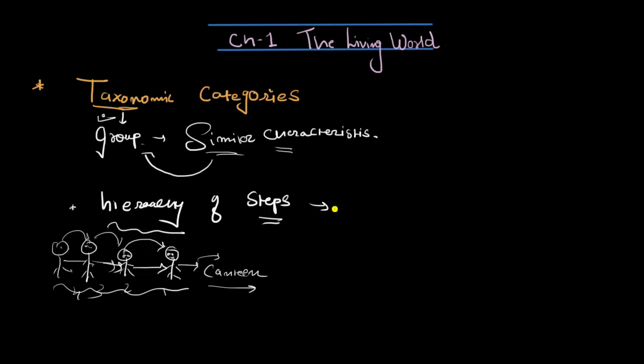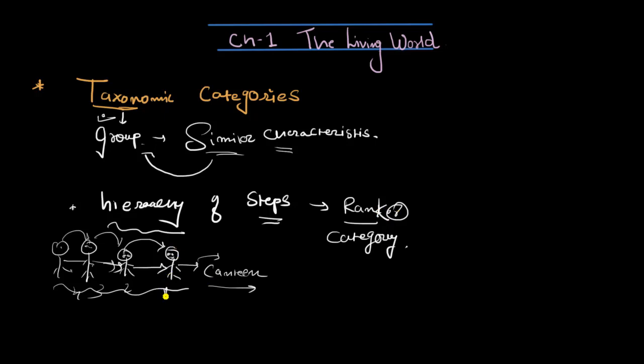Each step here, where one step represents the first and then another follows it, represents a rank or category. Now you may ask, what is rank? Rank is the same thing. I say hierarchy of steps, so you have to give ranks.